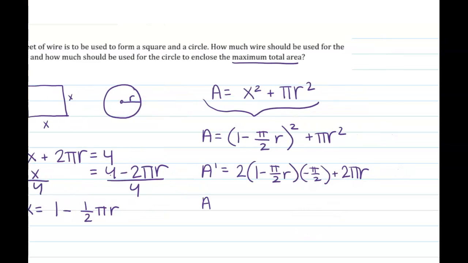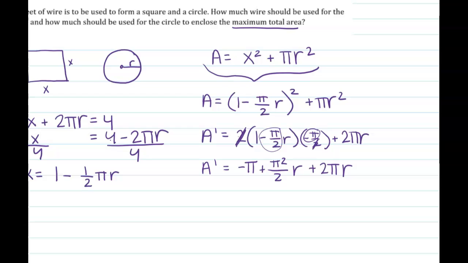So this is 2 times negative pi over 2. Those cancel, so we just have a negative pi times 1, which is negative pi. And then negative pi times negative pi over 2 is going to be a positive pi squared over 2 times r, plus 2 pi r.